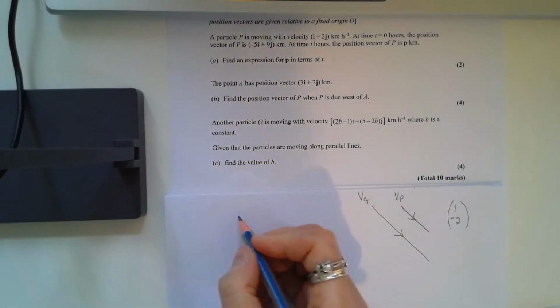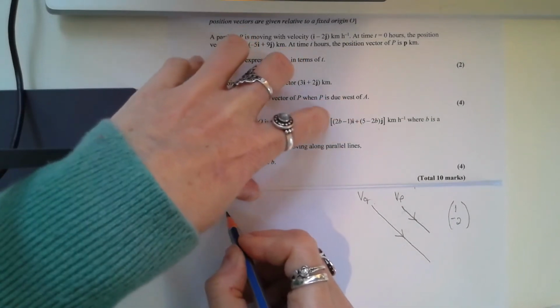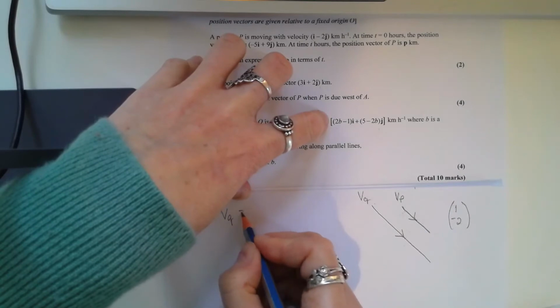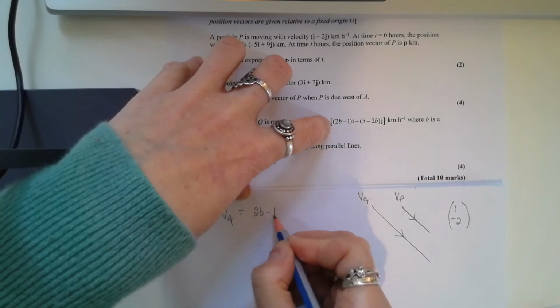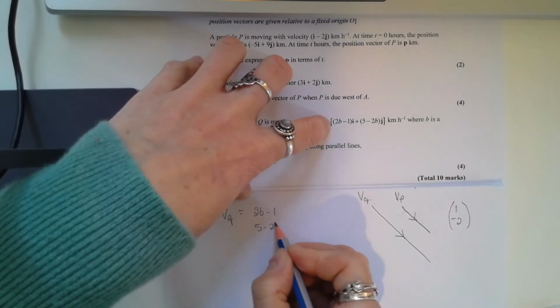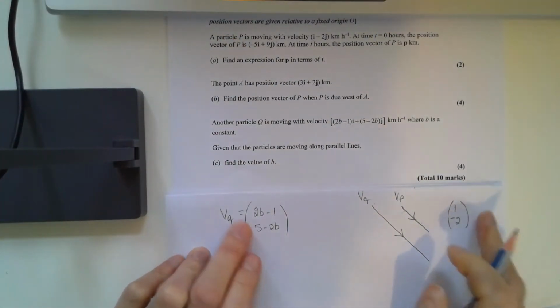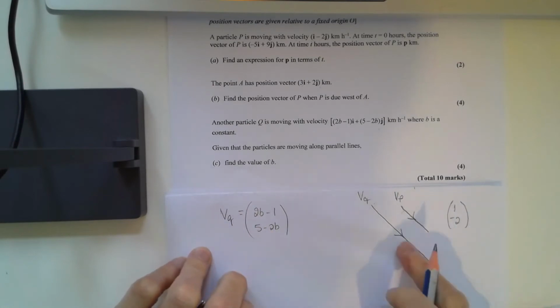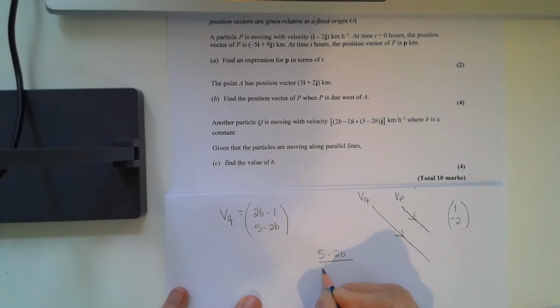So let's look at Q, and I'm going to write Q in vector format. So the velocity of Q will be 2b minus 1 in the i direction and 5 minus 2b in the j direction. So the j component divided by the i component will be the same for both, because that will give the gradient. So 5 minus 2b over 2b minus 1 is equal to negative 2 over 1.